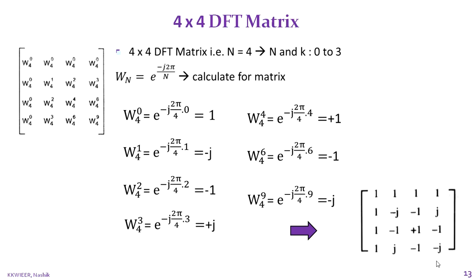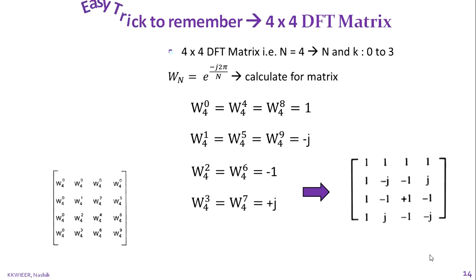Now how to remember or recall these 4 by 4 DFT matrix values? There is an easy trick to remember the 4 by 4 DFT matrix by using a circle.